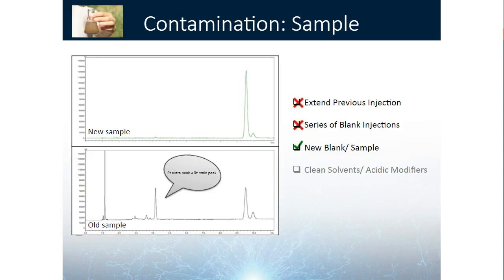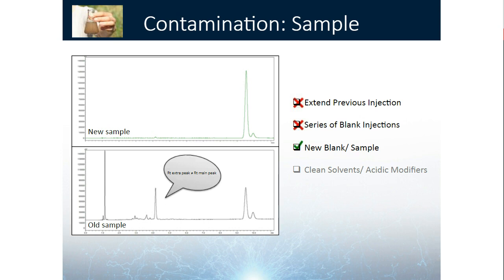Next would be a contamination. Really, we're focusing on the sample here. So you extend your previous injection, you're running a series of blank injections, and you're still seeing some artifact peaks in your chromatogram. One hint here is if the retention time of these extra peaks is not consistent with the retention time of the main peak. So this is actually an example of vitamin K, K1, and its isomer.